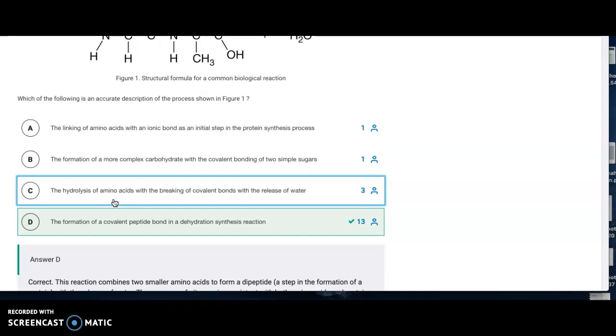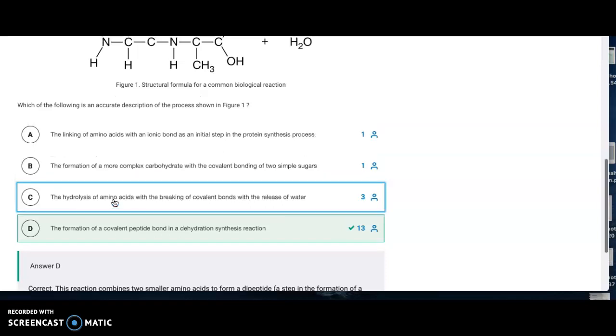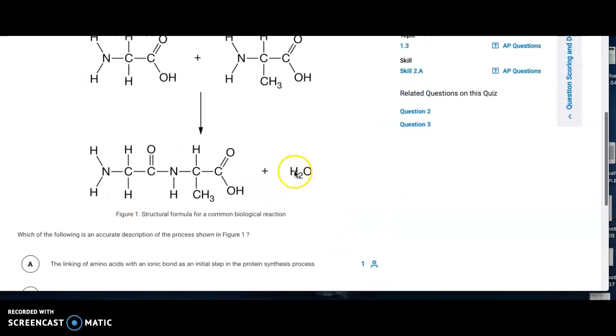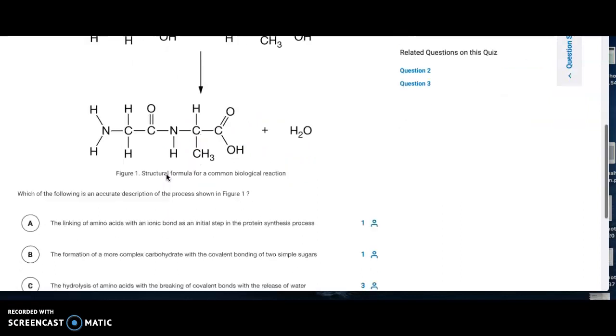The hydrolysis of amino acids involves breaking. Lysis, that root word means to break. So hydrolysis happens to amino acids, but that would be if the reaction was in reverse. And so when proteins are digested, broken apart, what happens is water is added back, which causes the bond to break.